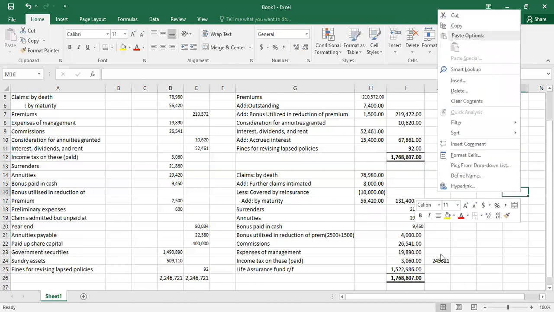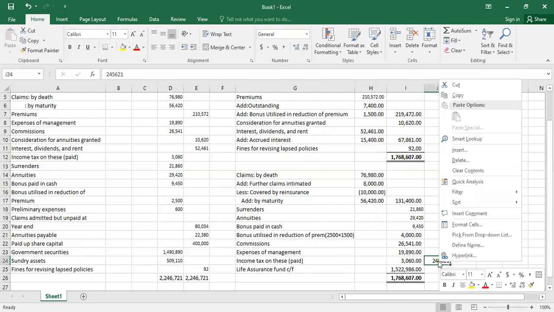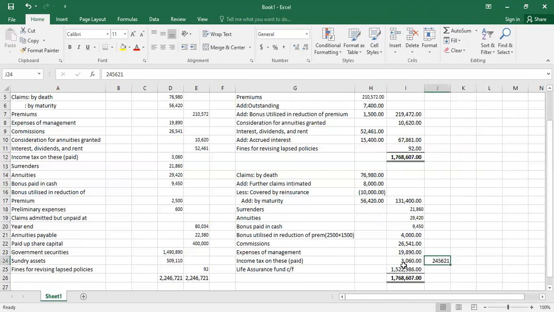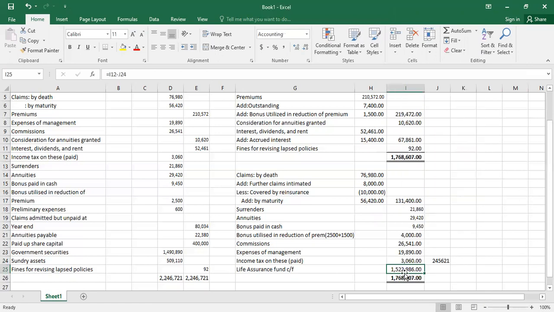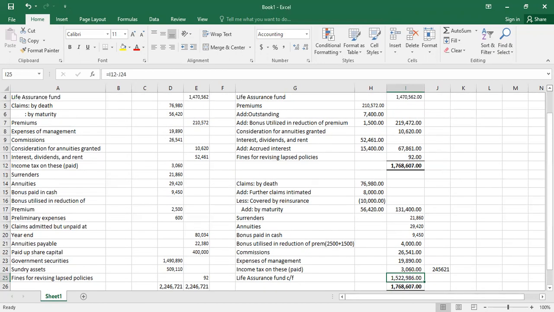So what you need to know is that the balancing figure is the amount that we normally take to the balance sheet. So this is the amount that we were interested in. Remember you said that in the life assurance business, we do not report profit. Rather, we carry forward the life assurance fund because of any eventuality that might necessitate a claim.